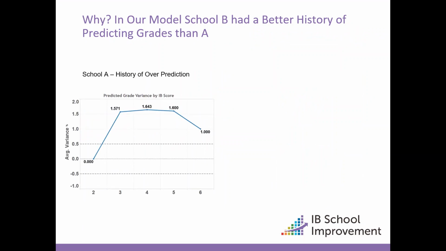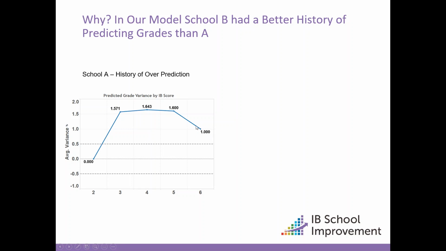Because School A had a history of over-predicting grades. If you look across the bottom, you will see the predicted grade, and across the left axis, you will see the average variance. We're looking at the cohort who was predicted as 6, and then what was their ultimate outcome. In this case, School A was over-predicting.